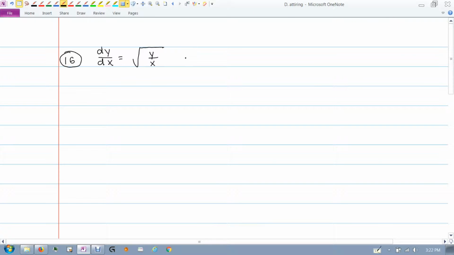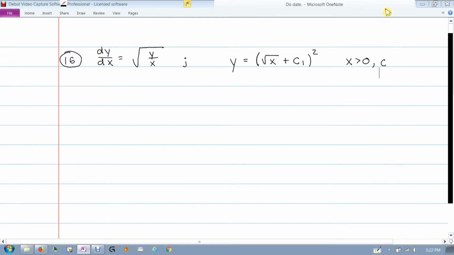And then y is given to us to be equal to square root of x plus c sub 1, some constant, squared, where x is greater than 0 and c1 is greater than 0. All right, so those are the things that are given to us.